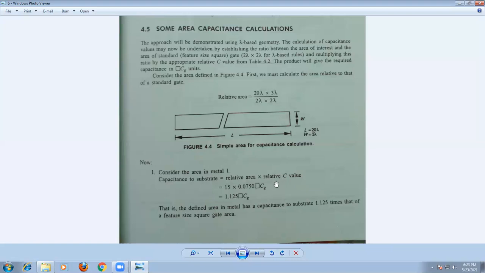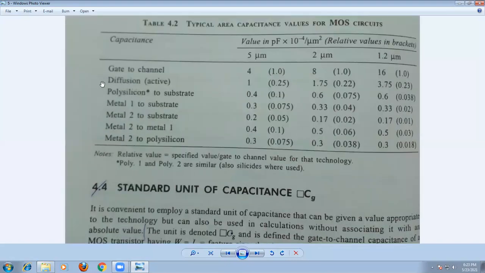The relative area is common for all the layers. For this structure, the relative area is common, this 15. But from the table, you have to consider the poly to substrate capacitance. In 5 micrometer technology, the actual value is 0.4, but the relative value is 0.1, unitless.